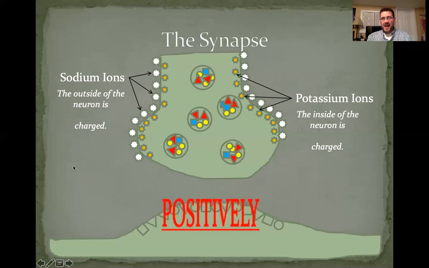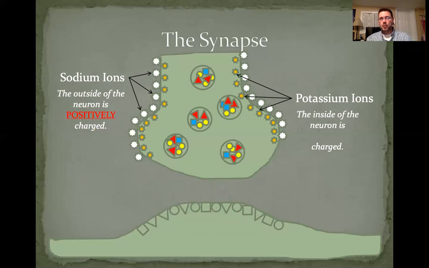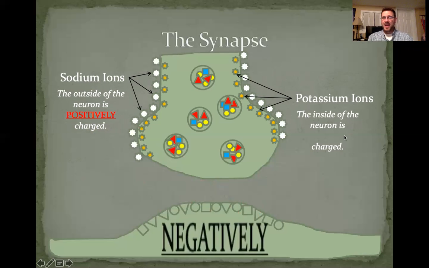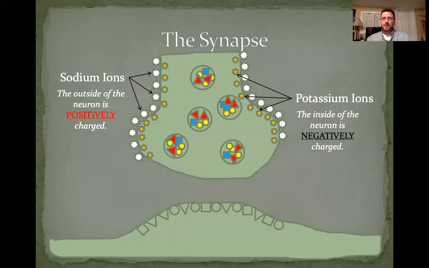So when this happens, the sodium ions make the outside of the neuron positively charged. Remember, an ion has an electric charge that it carries. Don't get too bogged down in these details. Let's focus on sodium ions carrying a positive charge on the outside of the neuron, and potassium ions with a negative charge on the inside of the cell.